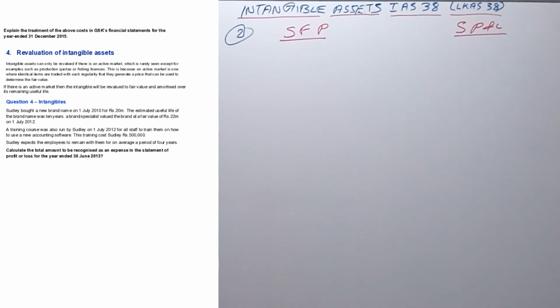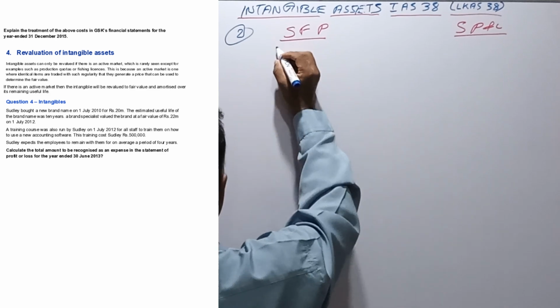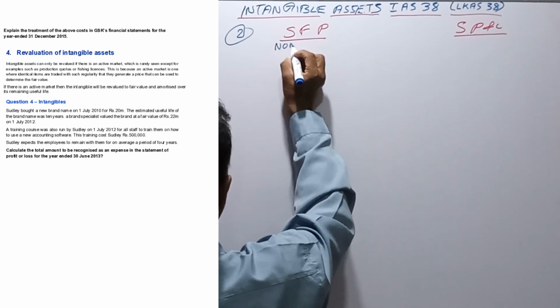Booker is involved in developing new products and has spent 15 million on acquiring a patent to aid in this development. Purchase of a patent is a non-current asset.